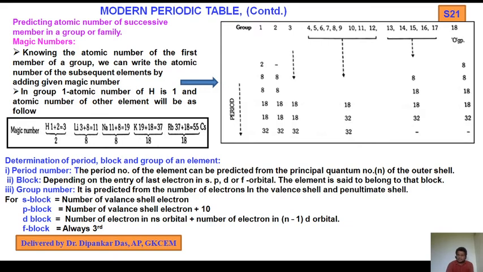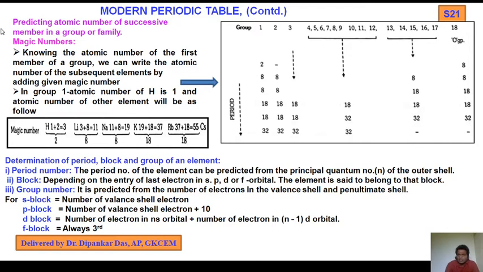8, 8 means helium 2, neon 8. Okay, neon is 10, 10 plus 8, 18, again 18 plus 18, 36 krypton.